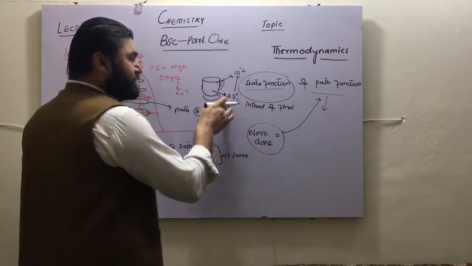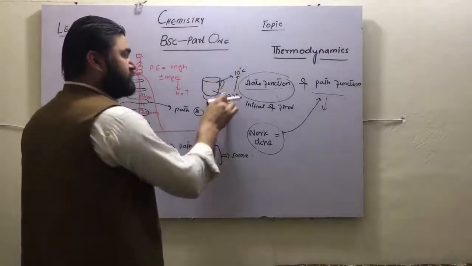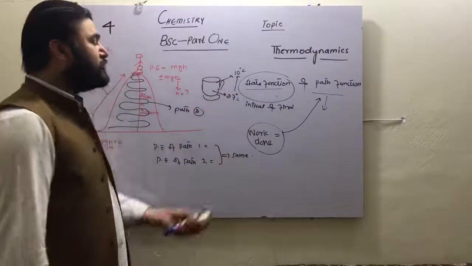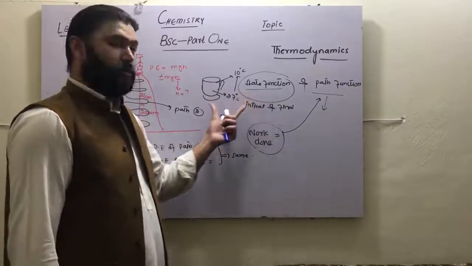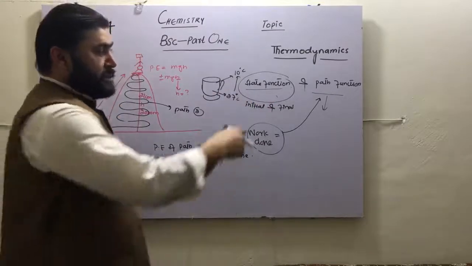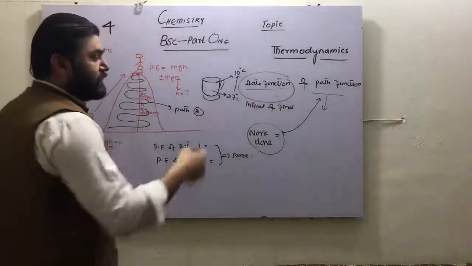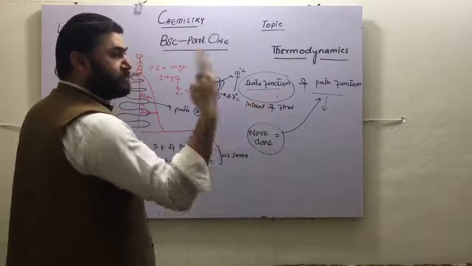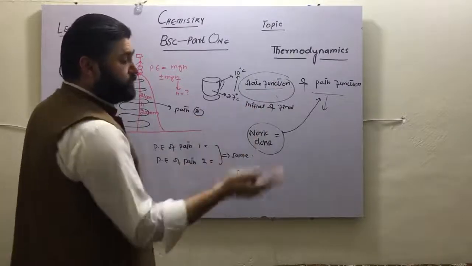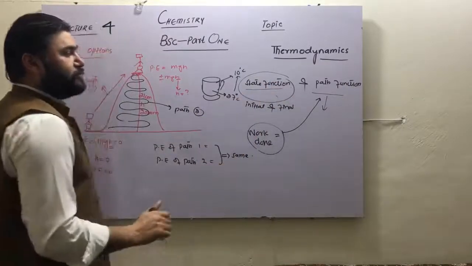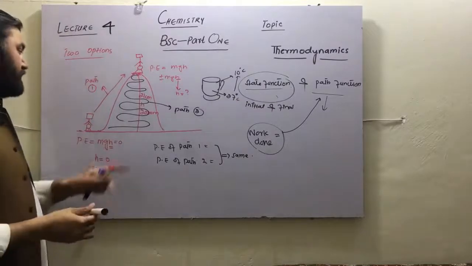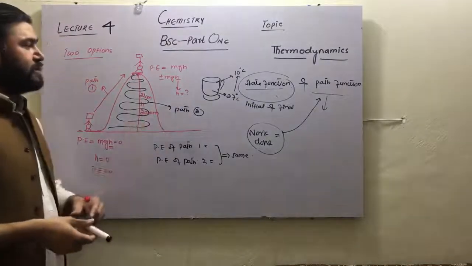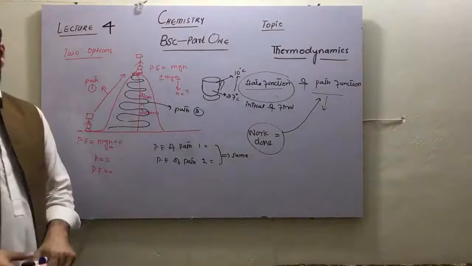This is the initial, this is the final. So a state function tells you only the initial and final temperature. But a path function tells you how it happened: whether it happened in 2 steps or 3 steps, slowly or quickly. So this path function tells you the way, the method, the mechanism and whatever else. Those things all come under path functions.